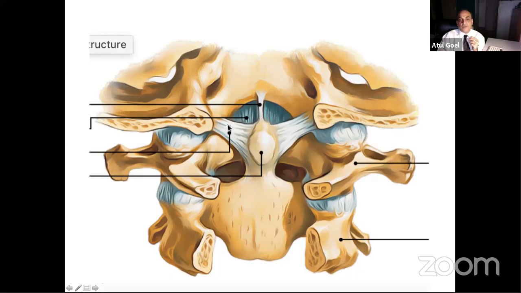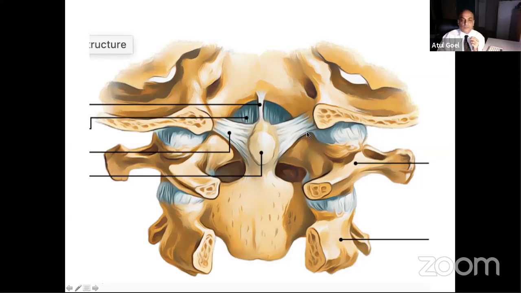So there are various muscles and ligaments circumventing around. You see, there is a small articulation here on the back side of the odontoid process, and in the front of the odontoid process, there is an articulation. But basically, there is not a single direct activity being conducted by this.